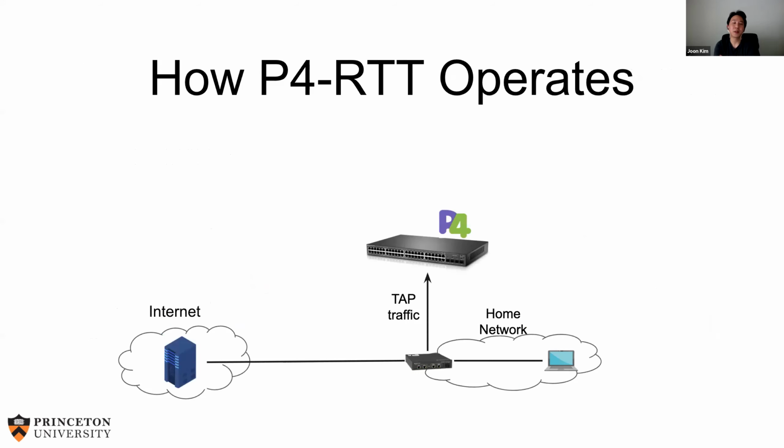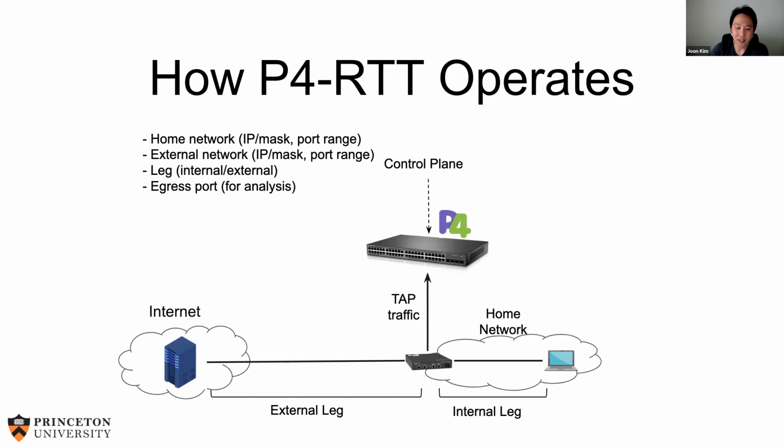So how does P4-RTT actually operate? You have two legs here, right? As I said, we call it the external leg, where the vantage point is here. The external leg is the vantage point to the internet, and the internal leg is the vantage point to the internal host. You send tap traffic to the P4 programmable data plane where the P4-RTT program is loaded. You can use the control plane to configure which IP prefix and port ranges are for the home network.